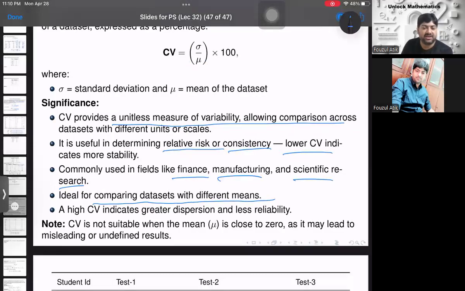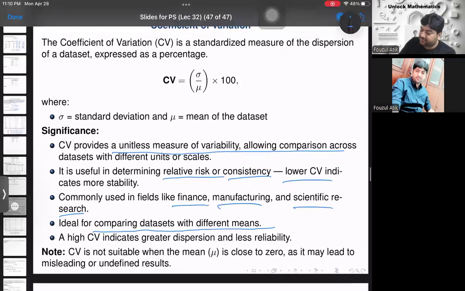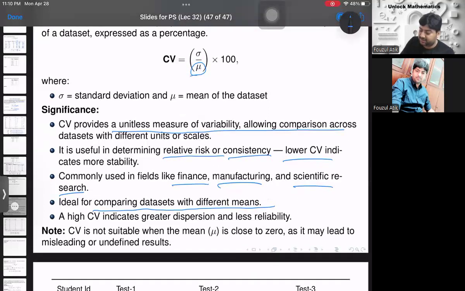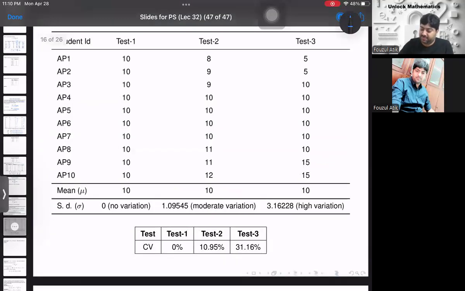A higher CV indicates more variation, and a lower CV indicates the data are more stable. One more thing: if your mu value, the mean, is very close to zero, the CV value gives you a very big number, which can sometimes mislead you in identifying the data. So you have to take care of that situation.